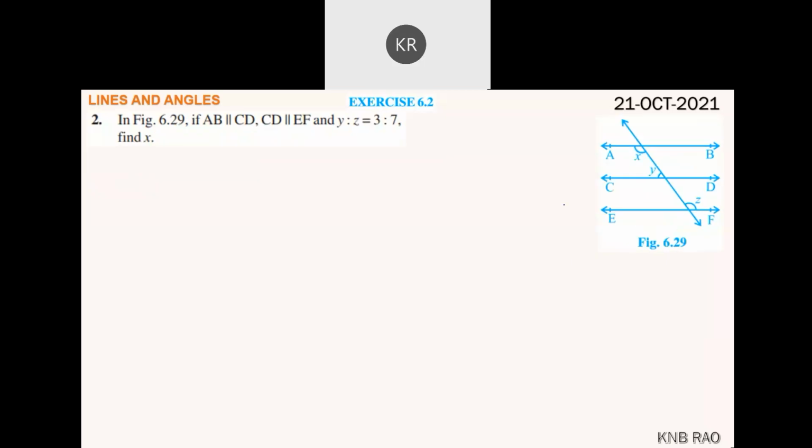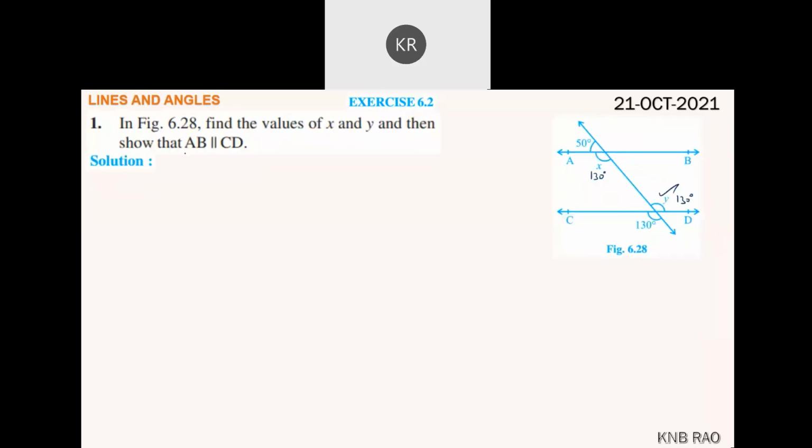Write it. But here, show that AB is parallel to CD after finding values. Find the linear pair of angle y, which is 130 degrees. Angles are equal, converse. Vertically opposite and linear pair, both you use: angle x equals angle y.